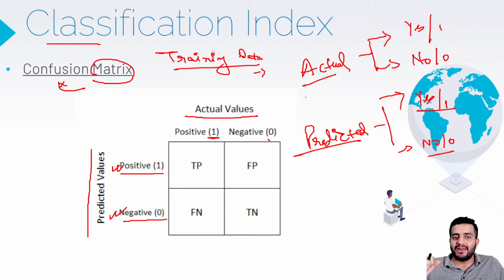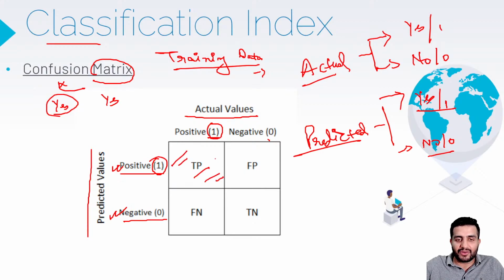Let's try to understand. We had situations where the patient actually had the disease, yes, and it was also predicted yes. So actually yes or 1, and predicted also 1. This is the grid we are talking about here, and it is true positive.